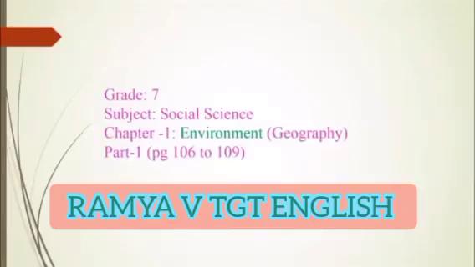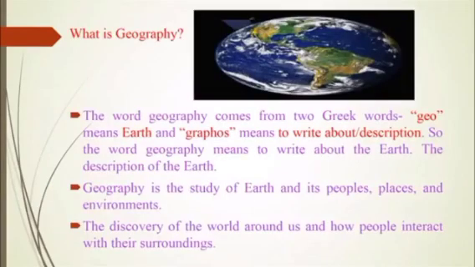Today we are going to see the first chapter in geography, which is environment. First, let's see about what is geography. The word geography comes from two Greek words. Geo means earth and graphos means to write about or description.